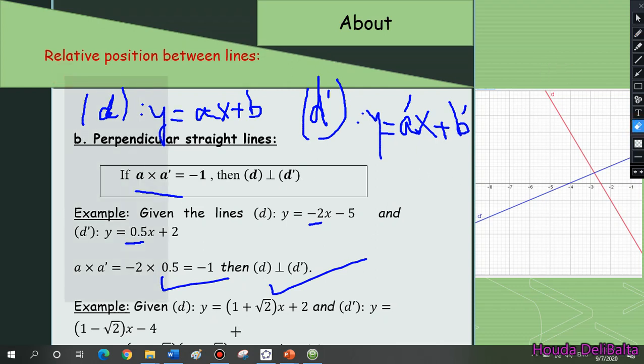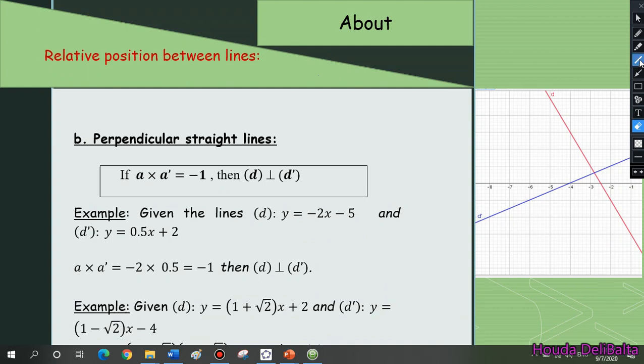Now, I'm going to give you a training exercise to turn your engines on, and here we go with the example. I want you to consider the lines D of equation y equals x plus 7 and D prime of equation y equals (m minus 2)x plus 3.